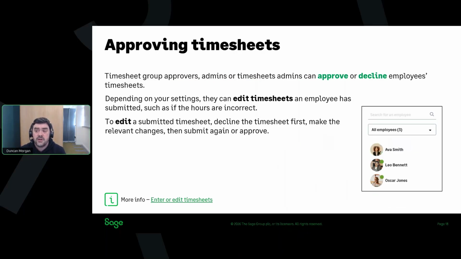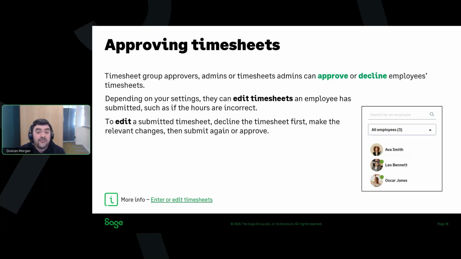So that's the next step of the workflow, approving timesheets. So a timesheet group manager, an admin or a timesheet admin will be able to approve or decline the employee's timesheets. Depending on settings, they may also have the ability to edit a timesheet that's been submitted by an employee if required.